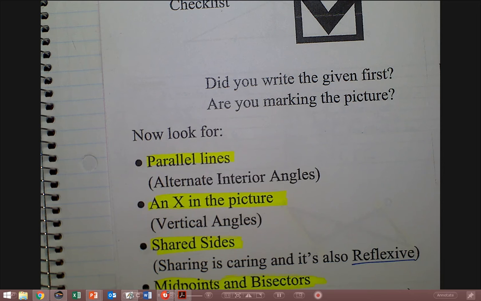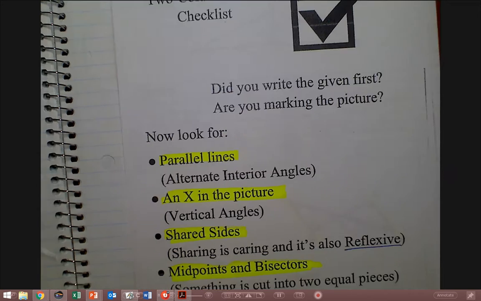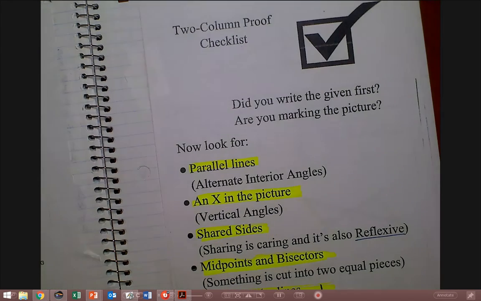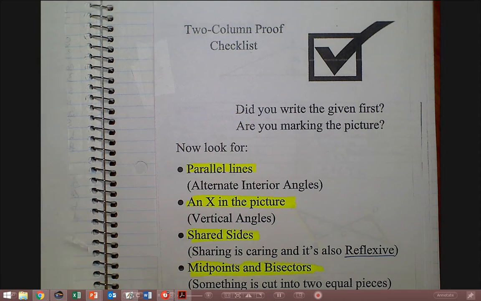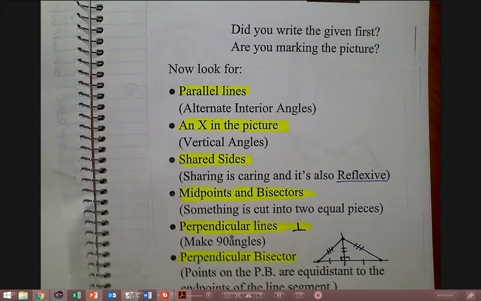My checklist is on page 69. So, in my notebook on page 69, I'm going to start this. Okay, so I'm going to go through, look for the things that I have. Parallel lines, X in the picture, shared side, midpoint, bisectors. Okay. Perpendicular lines, perpendicular bisectors. So that's my whole checklist.